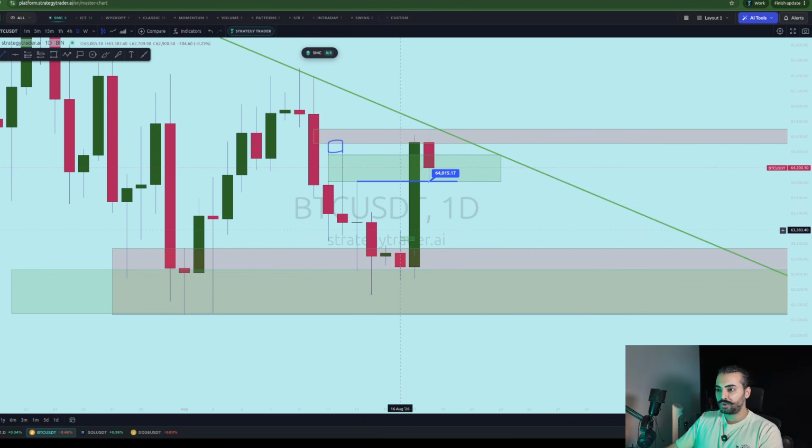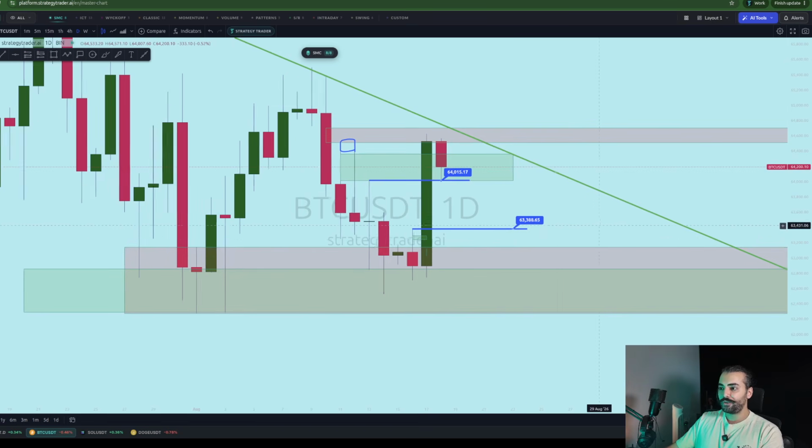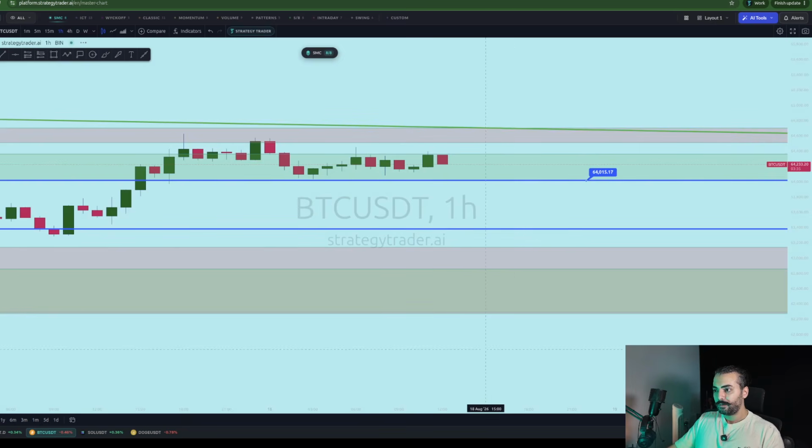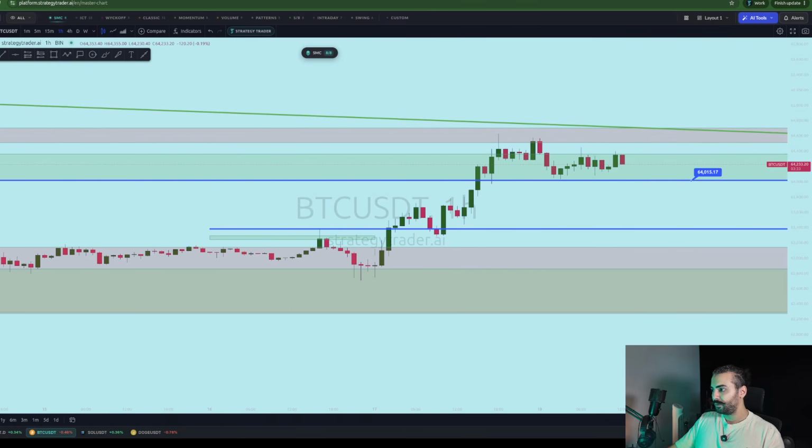If you don't have this on your chart, definitely draw it. This line here, once we touch this 63,388, there will be a good long position for us. Let me go to lower time frames here.